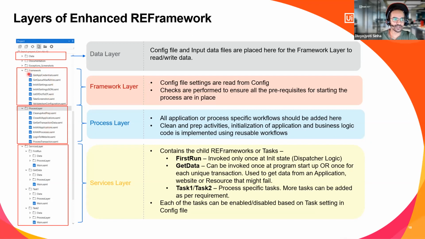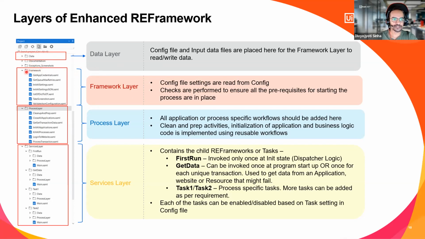In the standard RE framework, the framework layer was present, and the data layer was also present, but the process layer as well as the services layer was missing. Now we have introduced the process layer and services layer. So what are these? The data layer basically comprises the config file or any kind of input data files that you are dealing with in your process. All those files are going to be contained inside the data folder.